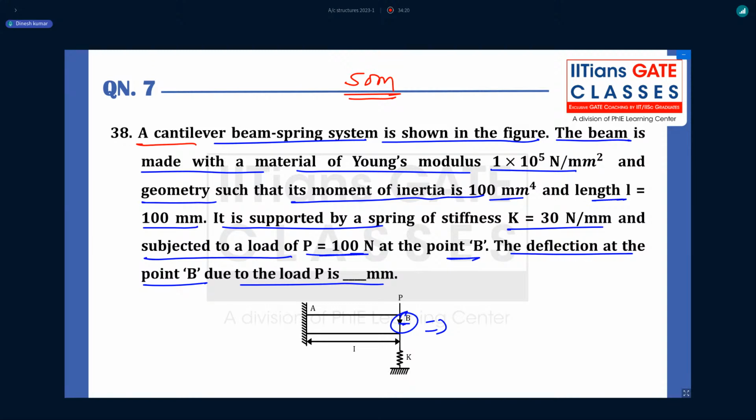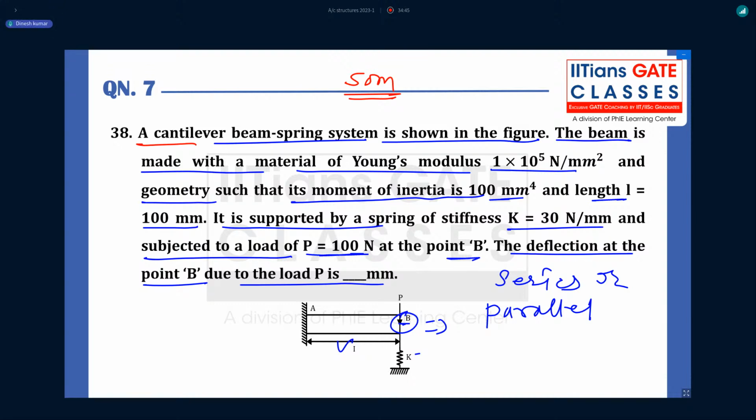I can ask you how this beam and spring are connected: in series or parallel.